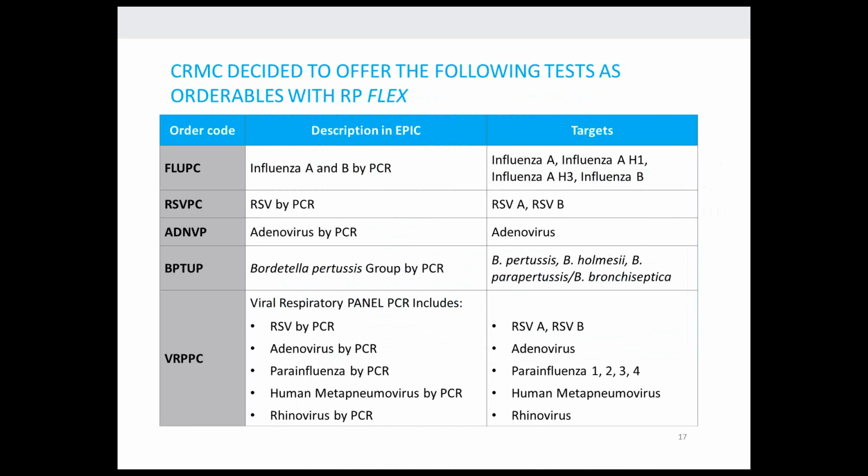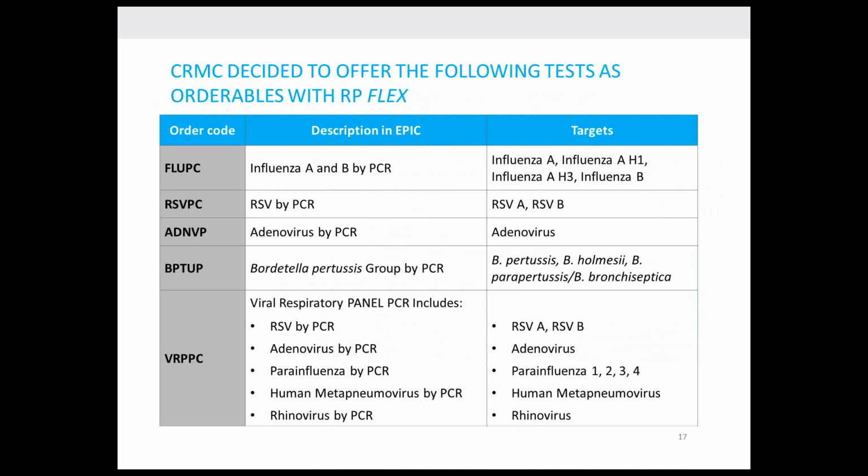So what we did at our facility is we broke it down into 5 possible orders. We left several tests orderable as single tests. So you could have the flu by itself, you can do RSV by itself, adenovirus by itself, or the pertussis group by itself.